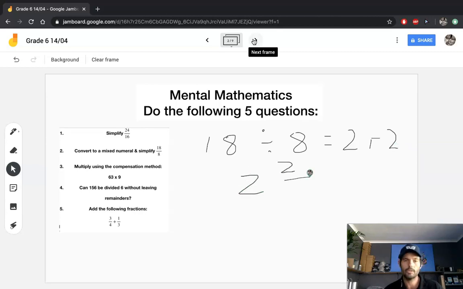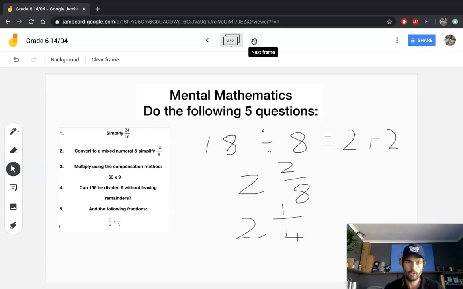Now the question says to simplify as well. What number goes into both 2 and 8 is 2 itself. 2 goes into 2 once and into 8 4 times. Okay, so 2 1/4 is equivalent to 2 and 2 over 8, which is also equivalent to 18 over 8.